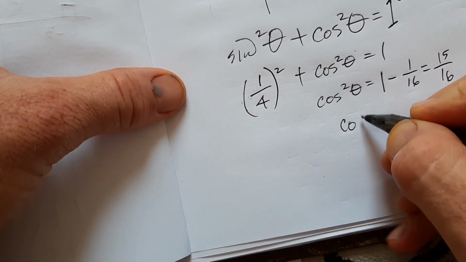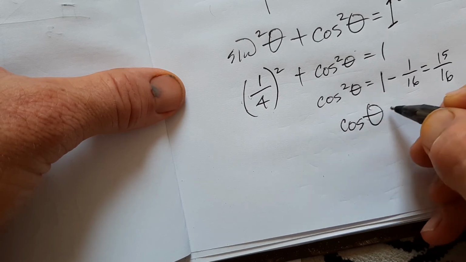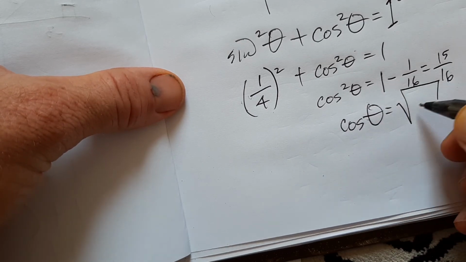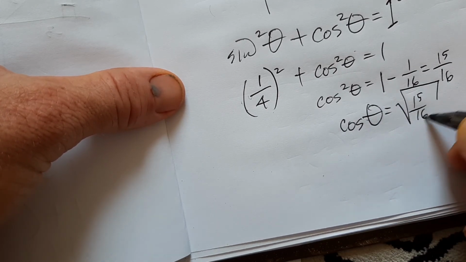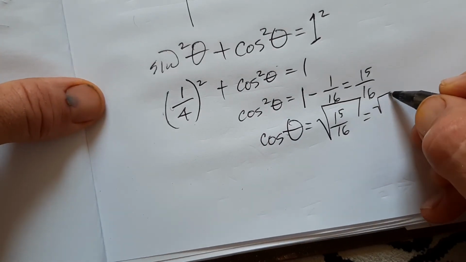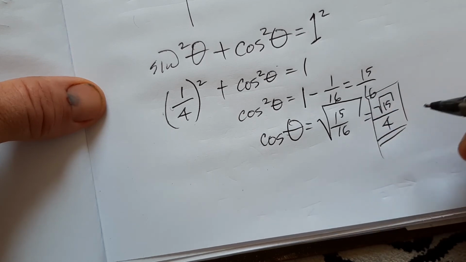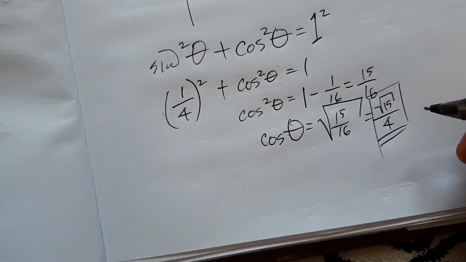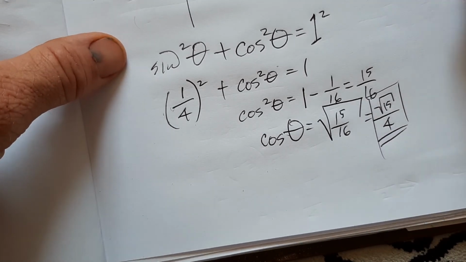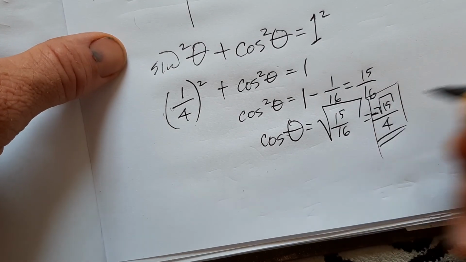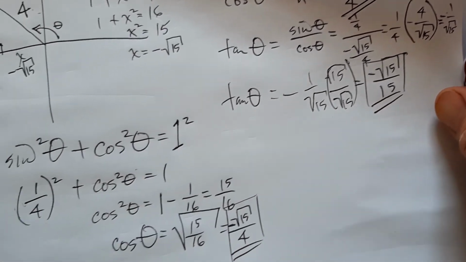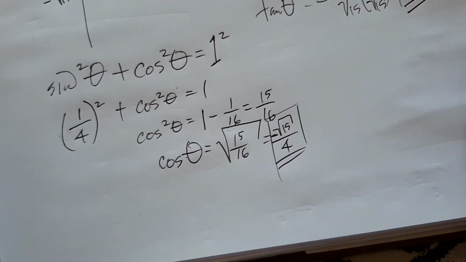So cosine of theta equals the square root of 15/16, which equals square root of 15 over 4. Is that what we got? I sure hope so. Make sure it's a minus, because we double check. Okay, it's minus. Yeah, it checks out. Great, we got our answer 2 ways, so we know we're doing good.